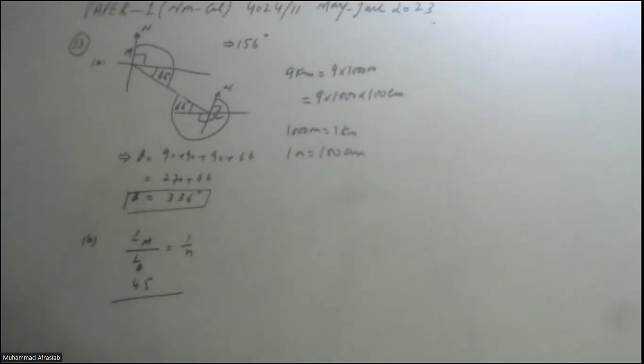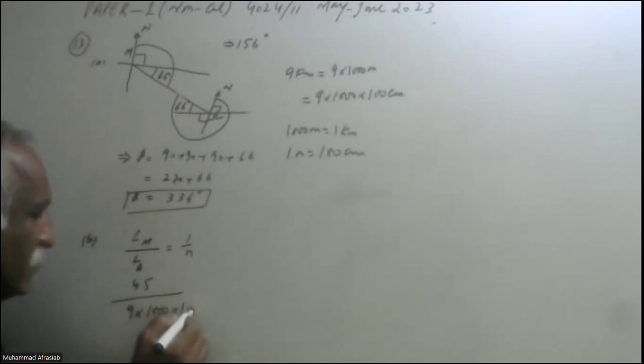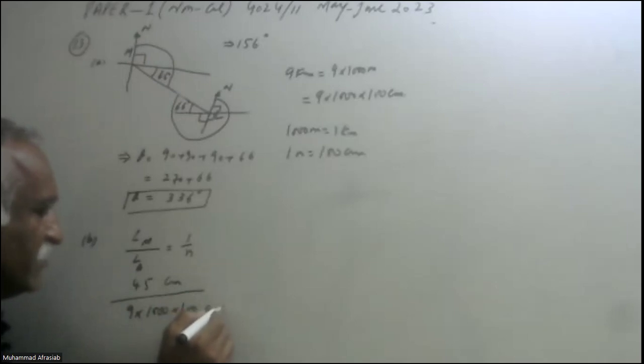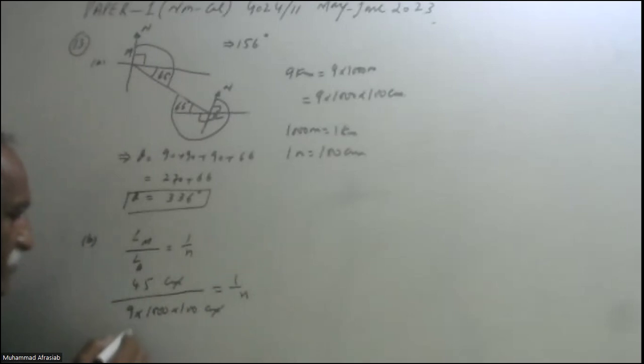And they should have the same units because you are finding the ratio between these two. So when the ratio between these two is expected, then always use the same units. So this will become 9 into 1000 into 100, and now both will be in centimeters, and that thing is equal to 1/n.